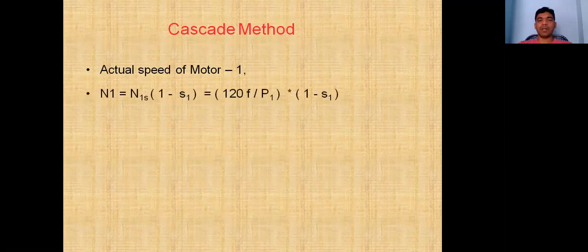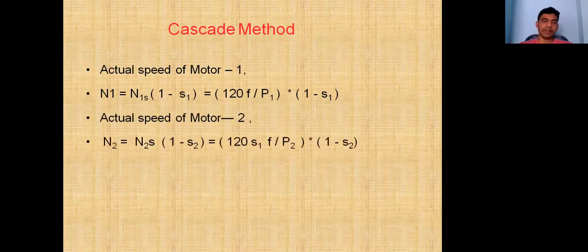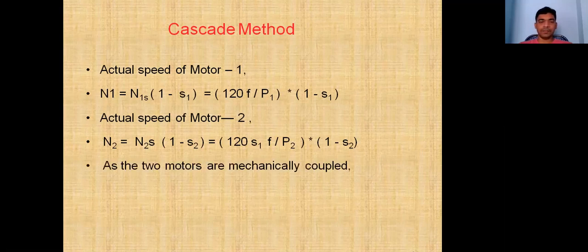Actual speed of motor 1, N1, is equal to N1s into (1 minus S1), that is equal to 120 F by P1 into (1 minus S1). Actual speed of motor 2, N2, is equal to N2s into (1 minus S2), that is equal to 120 S1 F by P2 into (1 minus S2).